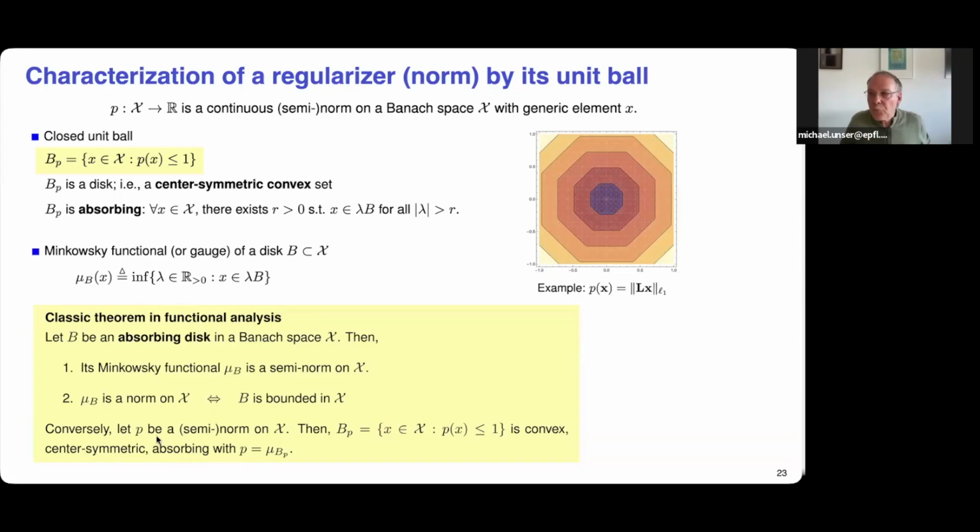And conversely, if you have a norm, then the unit ball will always be an absorbing disk, and the norm will coincide with the Minkowski functional of the unit ball. This is interesting because it makes a connection between convex sets and norms.